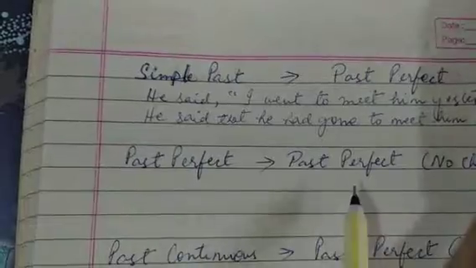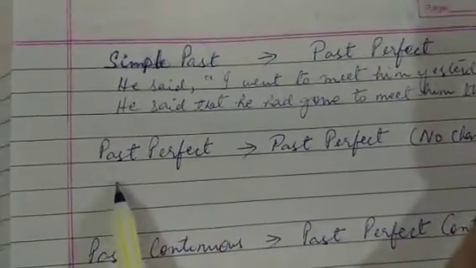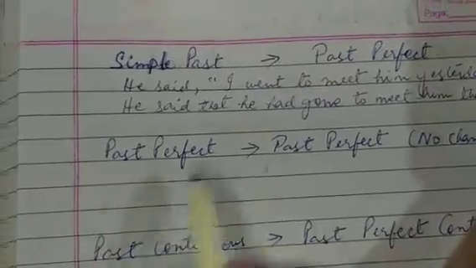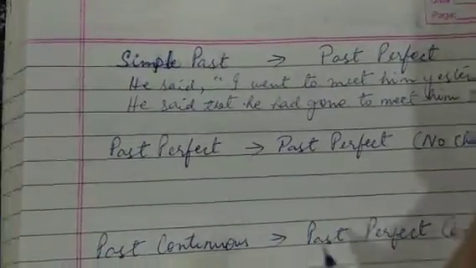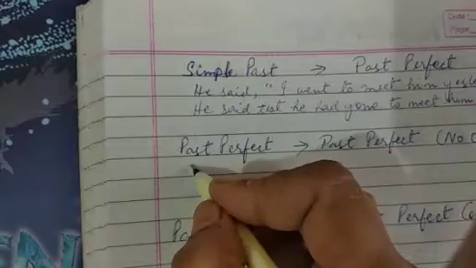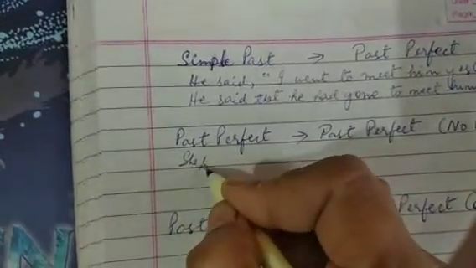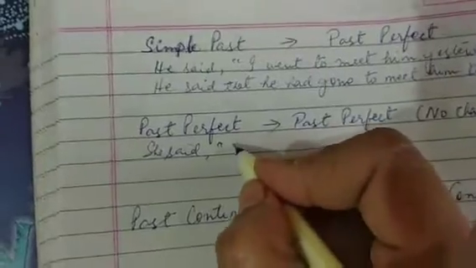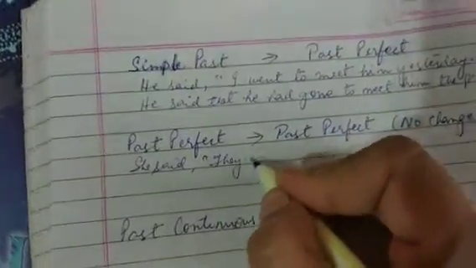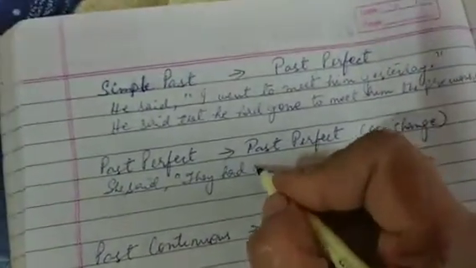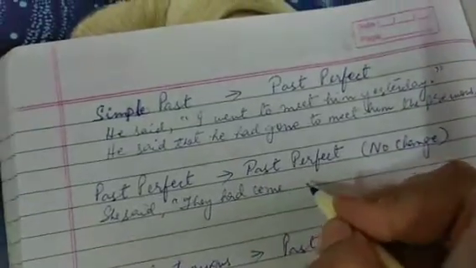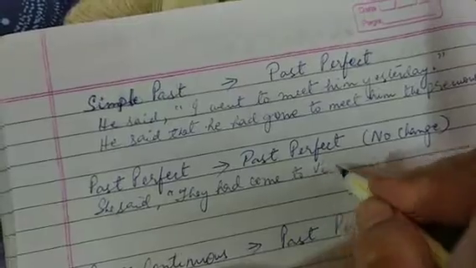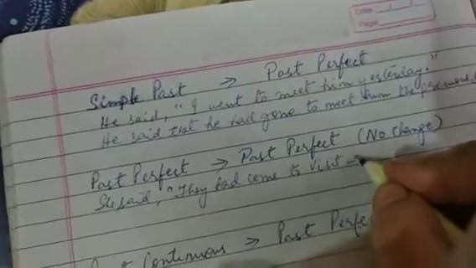Now past perfect remains past perfect. That is, if a sentence is said in past perfect tense in the direct speech, it remains the same in the indirect speech as well. For example, she said, "They had come to visit us."